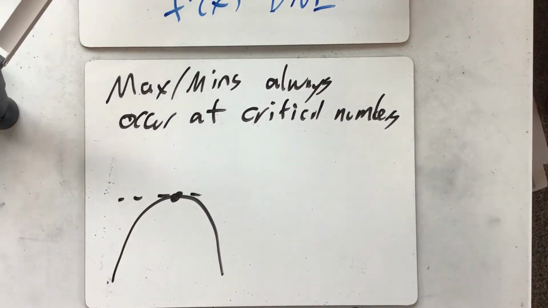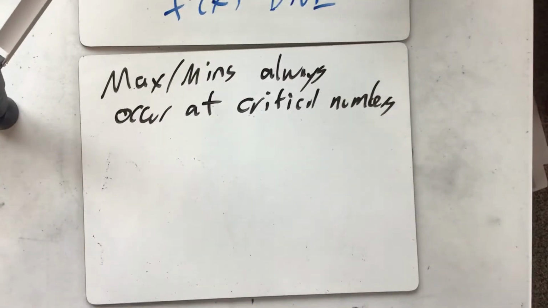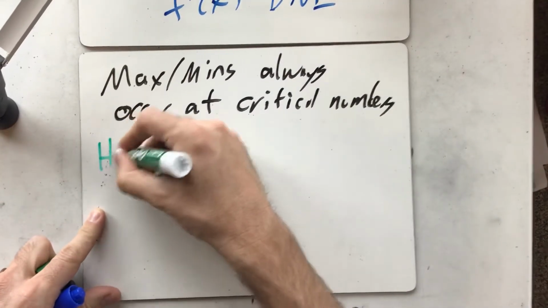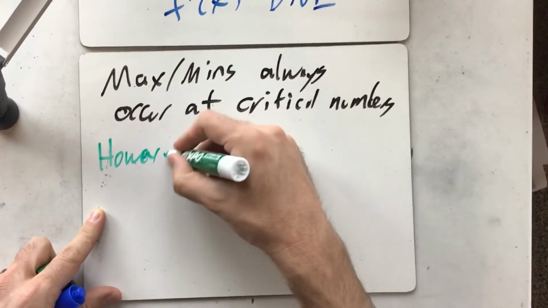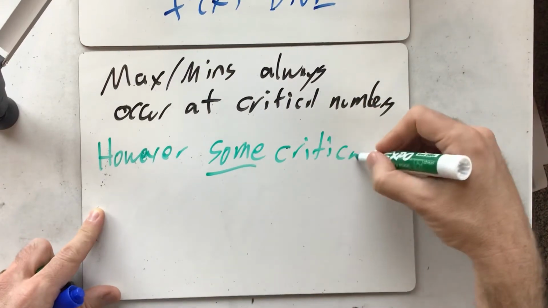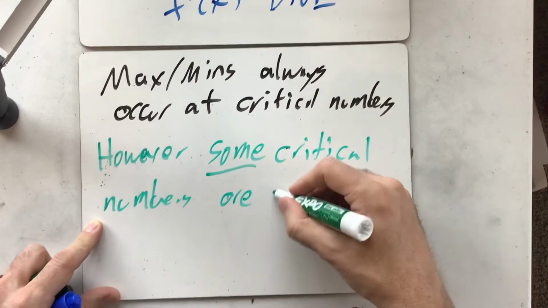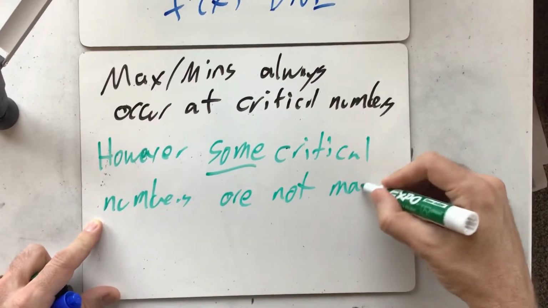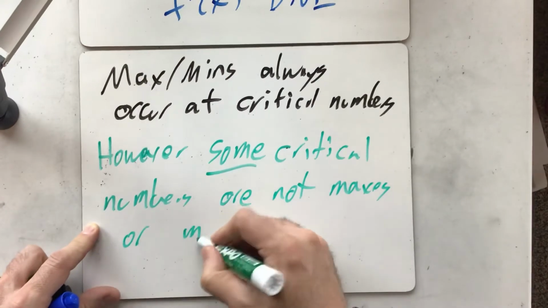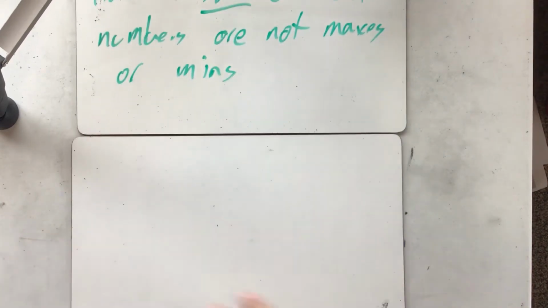I'm going to write this in green. Maximums always occur at critical numbers. However, some critical numbers are not maxes or mins. So every max and min is at a critical number, but not every critical number is a max or min. If we try to turn that sentence around, it's not always true.